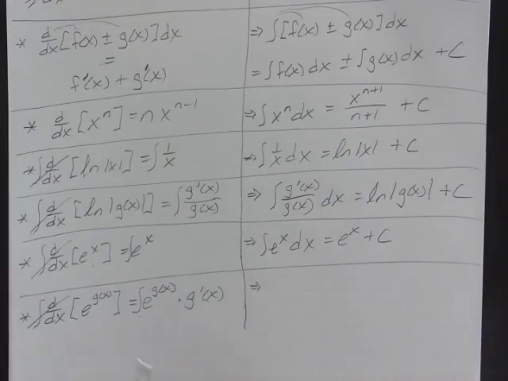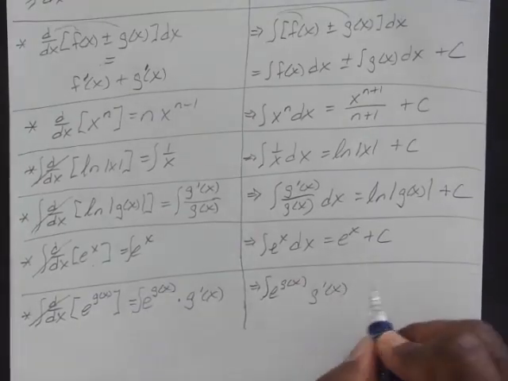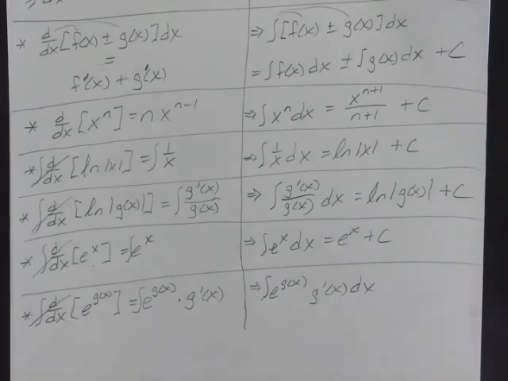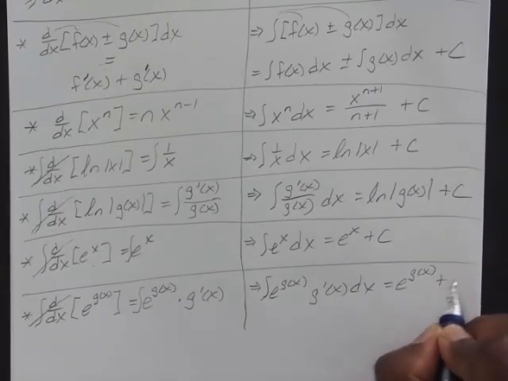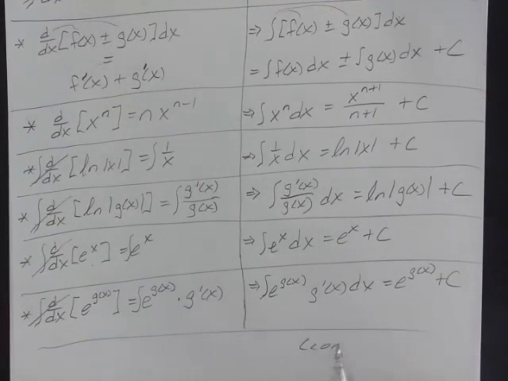So that leaves us with the antiderivative of e to the power of g of x times g prime of x with respect to x is equal to e to the power of g of x plus c. And we'll continue the rest of those on the next page.